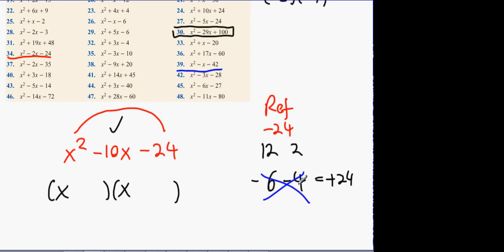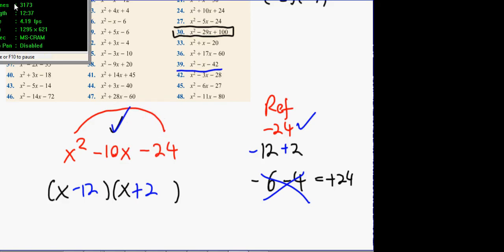This means minus 6 minus 4 is the wrong option. Look at this one. We could do minus 12 plus 2. Gives you minus 10, but when you multiply them, it also gives you minus 24. This makes it the right option. So that'll be x minus 12, x plus 2. Okay, guys.